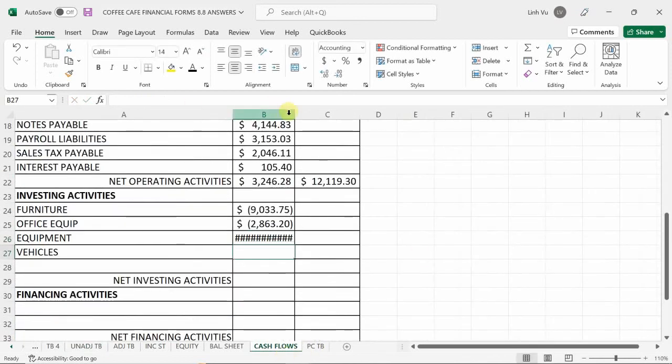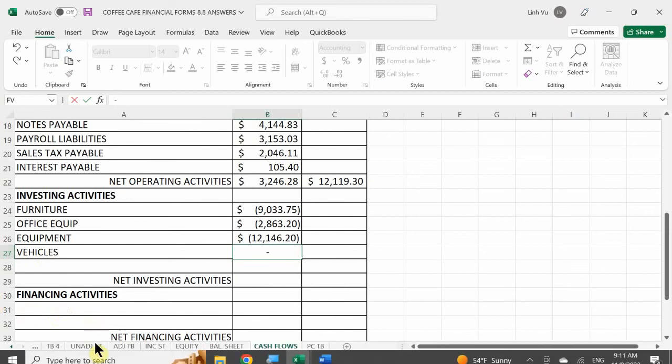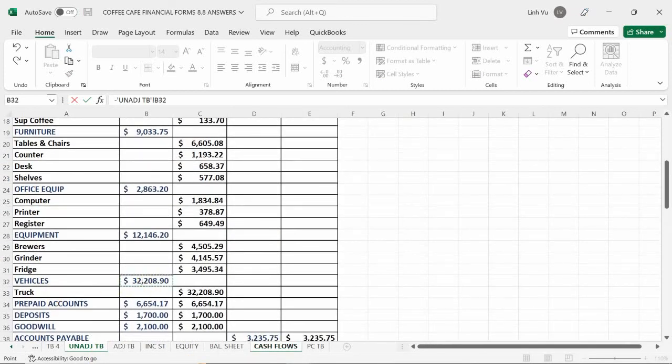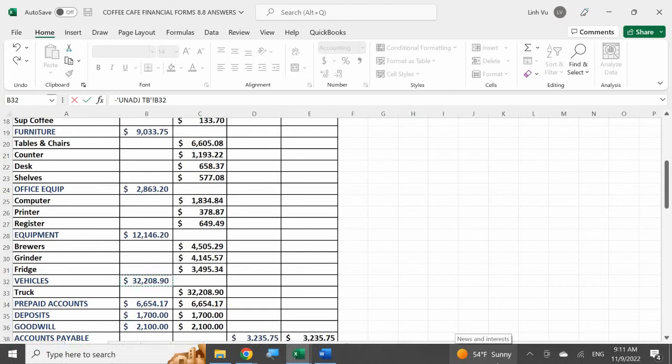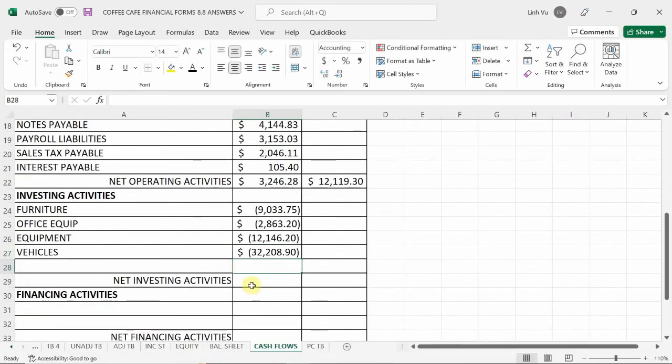And then I also end up spending $32,208.90 for my truck, right? So how much did I spend for my investing activities? So just this section here.